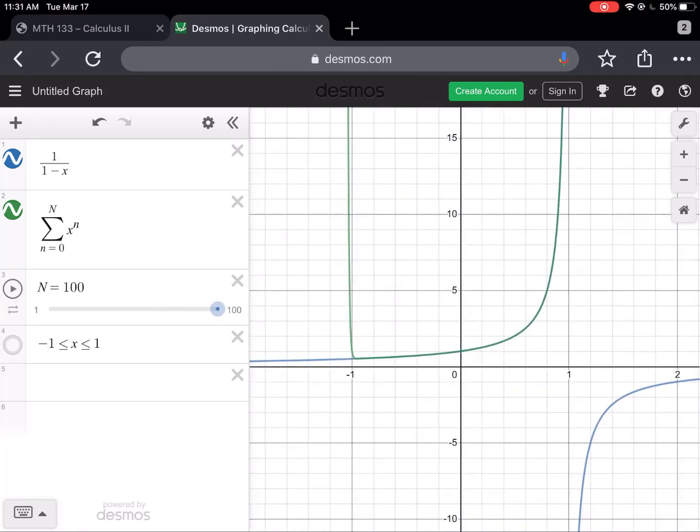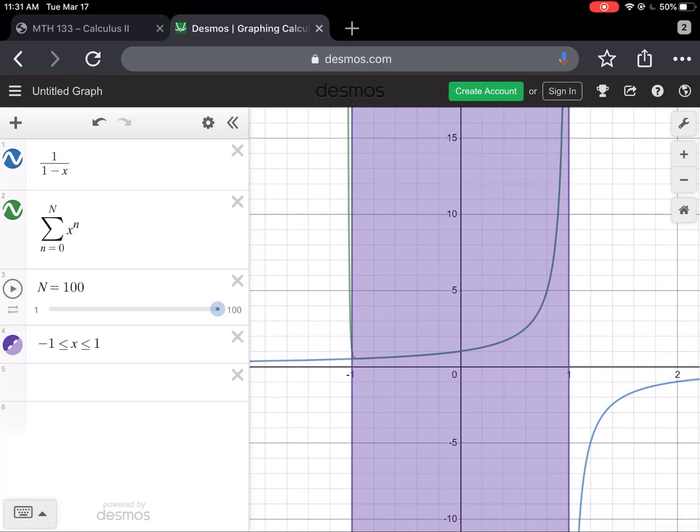And again, you can see that in that interval from -1 to 1, our infinite polynomial, 1 plus x plus x squared plus x cubed, and so on and so forth, is getting very, very close to the function 1 over 1 minus x. This infinite polynomial, this power series, converges to the function 1 over 1 minus x on this interval.